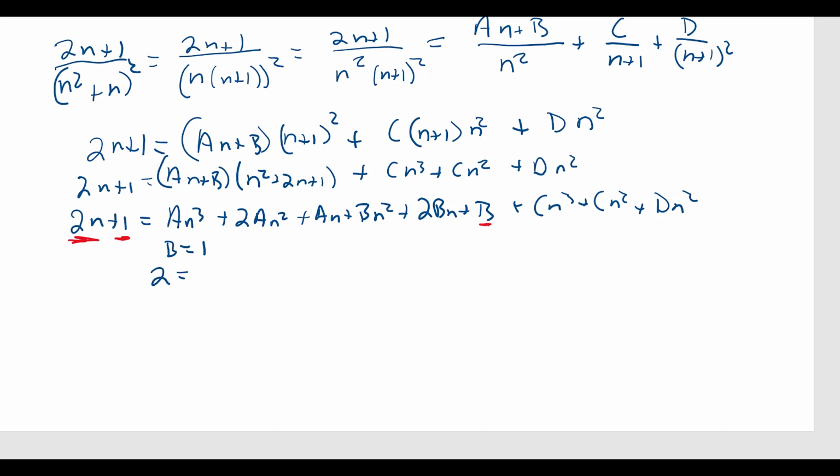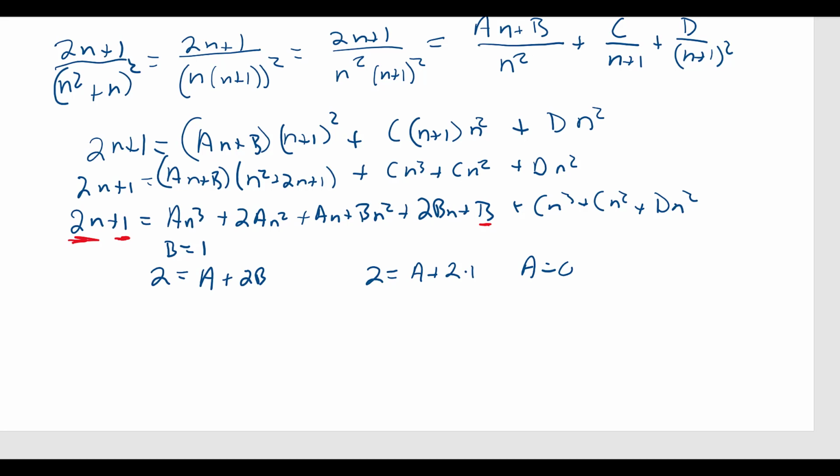On the right, a is with an n, 2b is with an n, and that's it. So 2 equals a plus 2 times 1. So a must be 0. It's good to know.